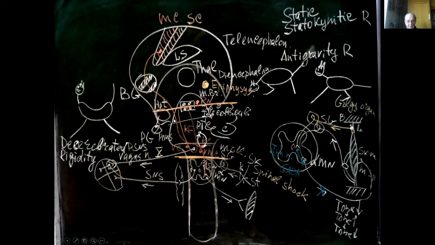You see the red color: the right hemisphere of the cerebral cortex innervates the left part of the body, and the left hemisphere innervates the right part of the body. We have the cross of two pyramidal tracts at the level of the medulla oblongata.